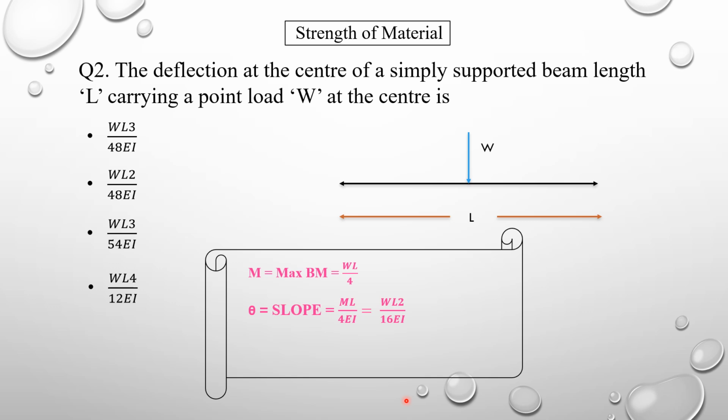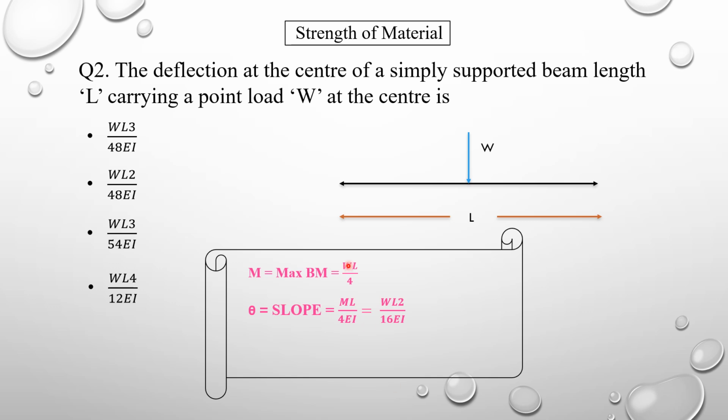Okay, these are the different formulas for slope and deflection. I will provide you a chart of different conditions of beams and loadings. For those different conditions of beam and loading, there are different slopes and deflections. You can go through that chart for all the different conditions. So for this beam, the slope is ML by 4EI.